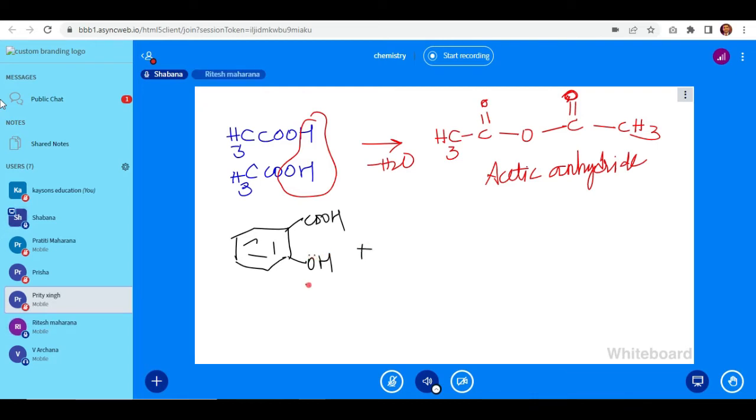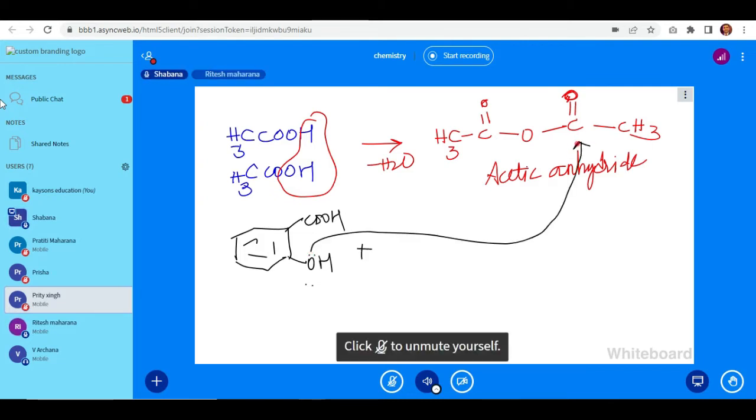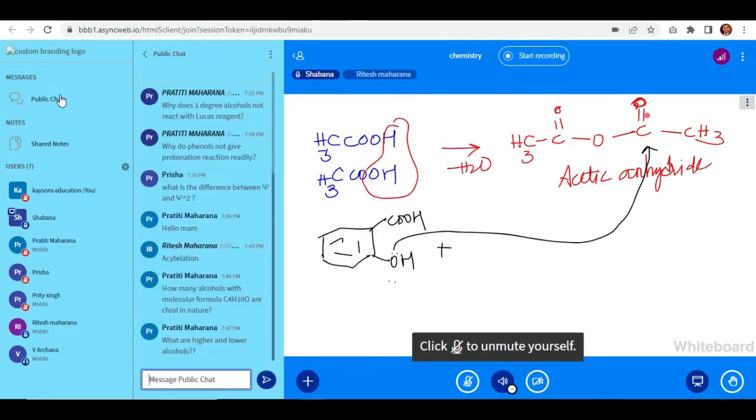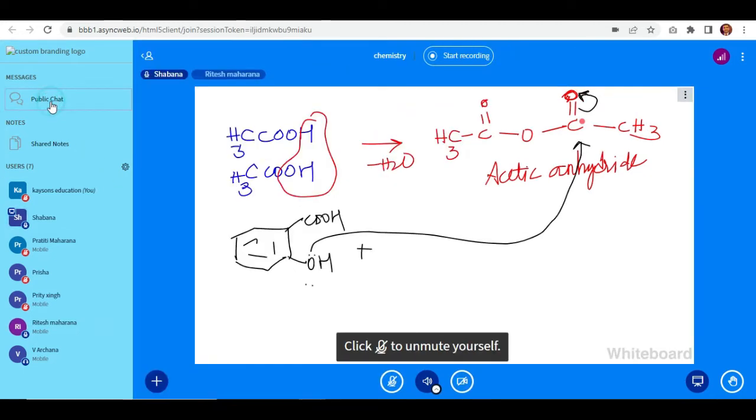Here the oxygen of OH attacks the electron deficient site. Why is it electron deficient? Because it is attached to oxygen. Oxygen is a more electronegative atom, it attracts electrons from carbon, making it electron deficient. So as this becomes electron deficient, OH gives electrons, and this O becomes O minus. So this O minus abstracts this proton here.